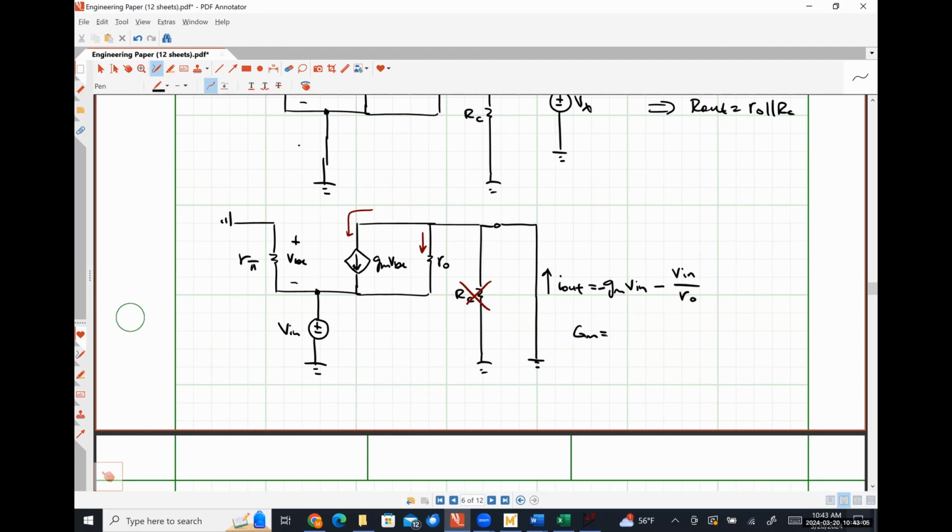Capital GM is just I out divided by VN, which is negative GM minus 1 over R naught.